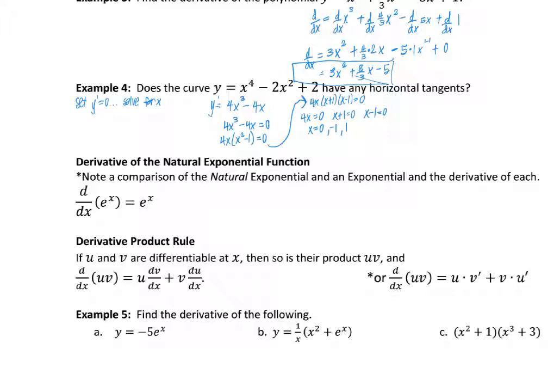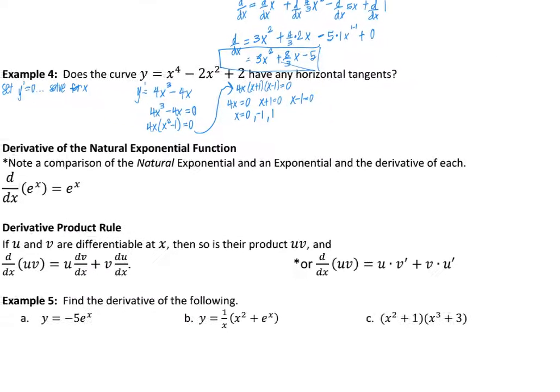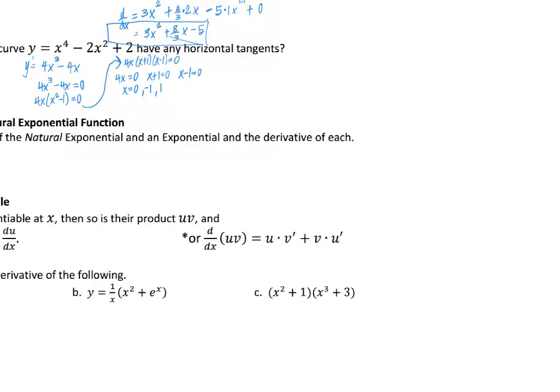It actually looks a little better if we look at it right here. This is how I memorize it in my mind: first derivative of the second, second derivative of the first. First derivative of the second, second derivative of the first. Okay?